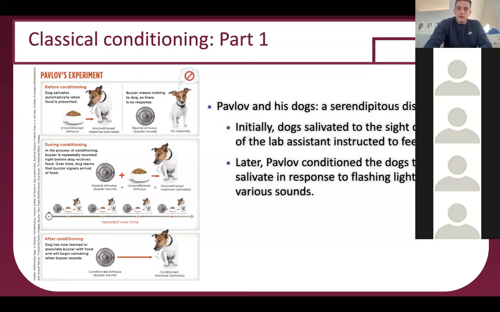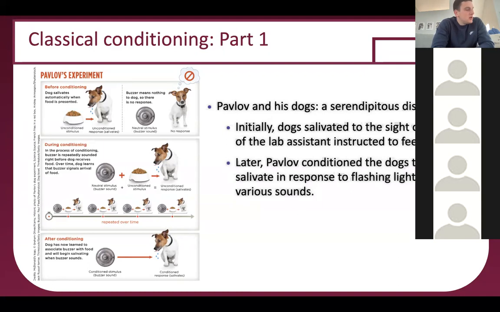All right. So classical conditioning. This guy called Ivan Pavlov was a Russian scientist. He was actually not a psychologist. He was a physiologist studying digestion. He was trying to figure out how dogs digested food and what different stimuli could affect that. He sort of stumbled into this discovery when he found out that the dogs would not just salivate at the smell of food, because they would do that.